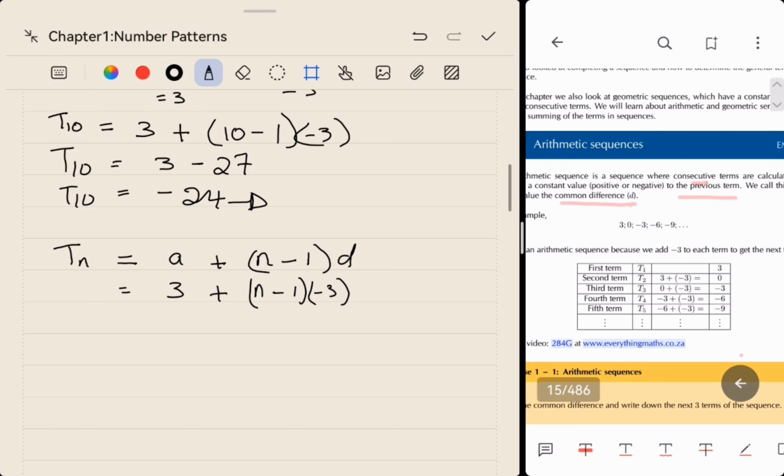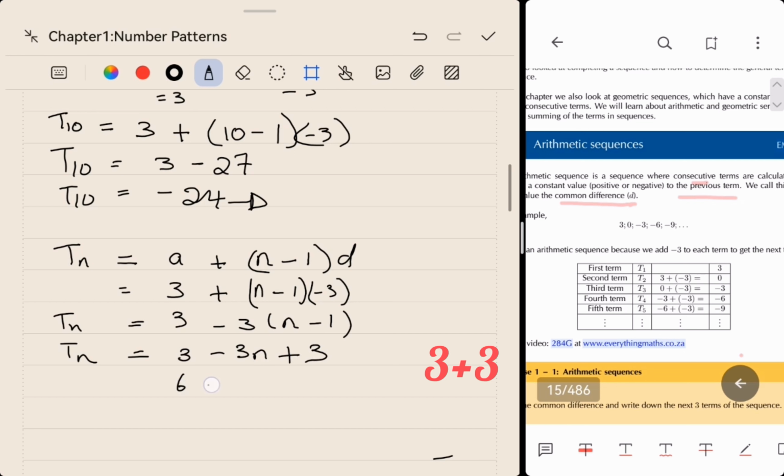Then we can take 3 to the front, minus 3 into n minus 1, equal to Tn. You can open the bracket and simplify: positive 3 plus 3 is 6, minus 3n. Tn.